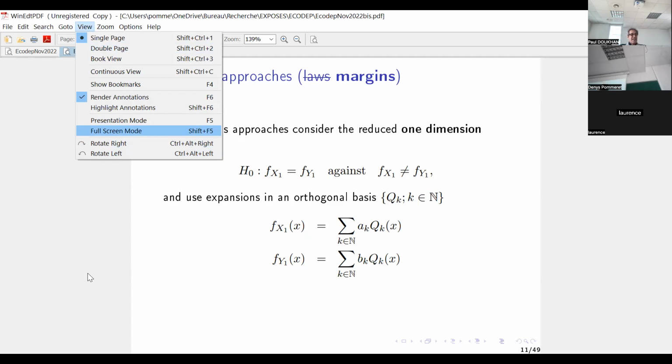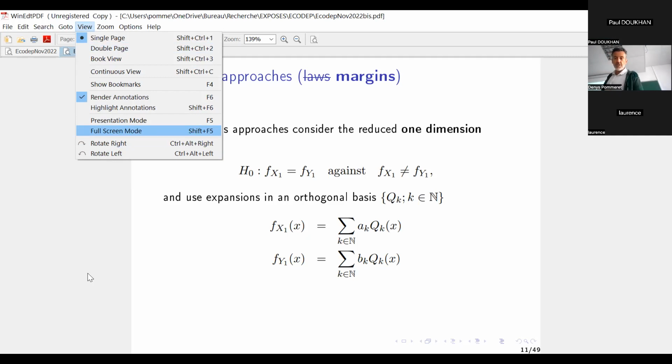The idea of the smooth test is to use an expansion, a projection in an orthogonal basis. And finally, you see that the null hypothesis is equivalent to this equality, that is the equality of such quantities, the parameters a_k and b_k.